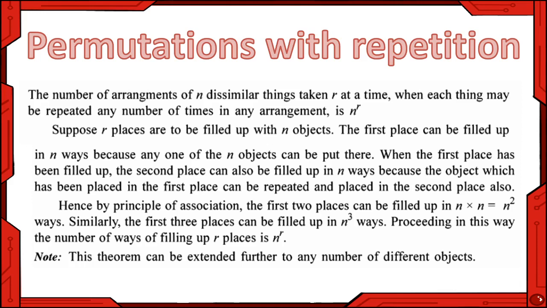When the first place is occupied, how many objects are available for the second place? Definitely again n, because repetition is allowed. So the first two places can be filled in n into n ways, that is n square. Similarly, the first three places can be filled up in n cube ways, and proceeding in this way, the number of ways of filling up r places is n raised to the power r.